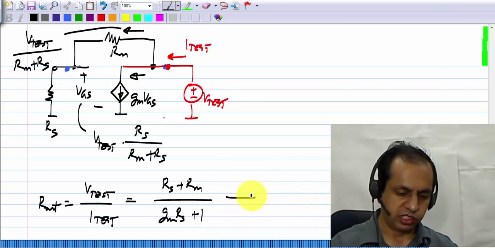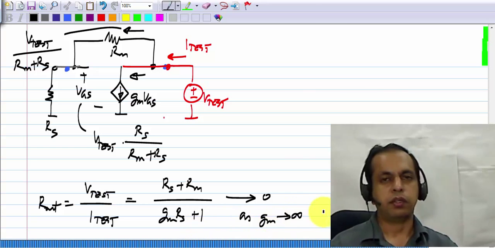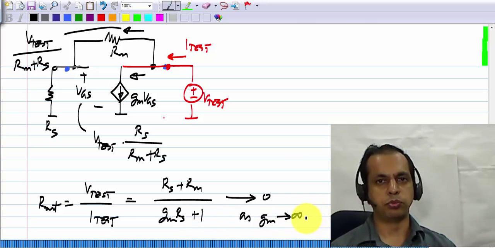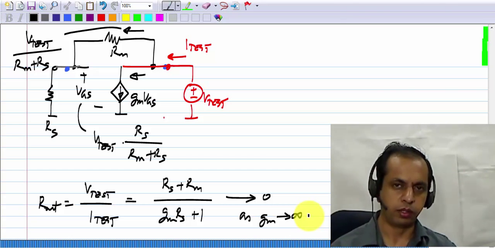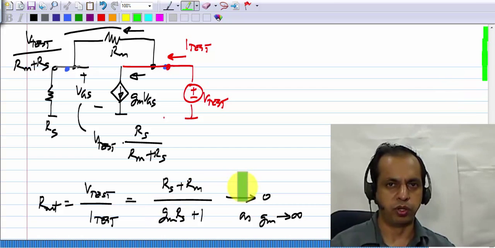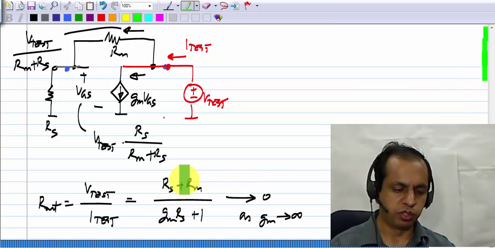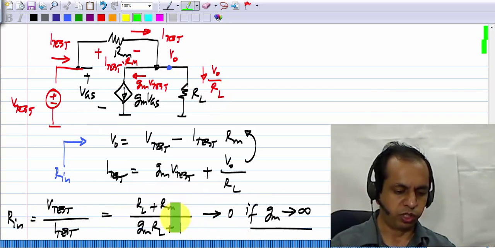As before, as GM tends to infinity, this output resistance becomes 0. It's a current controlled voltage source, so the output resistance should ideally be 0, and it will be 0 if GM becomes infinite. So we want this GM Rs product to be very large so that this resistance becomes quite small. You can also observe the symmetry between this expression and what we got for the input resistance.